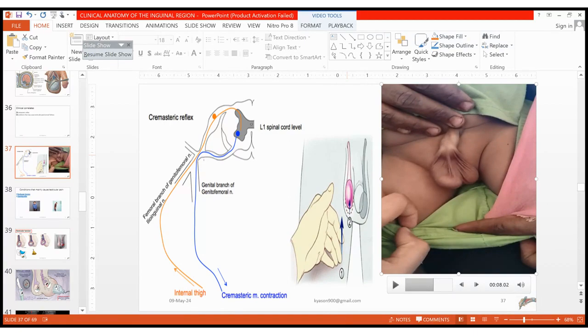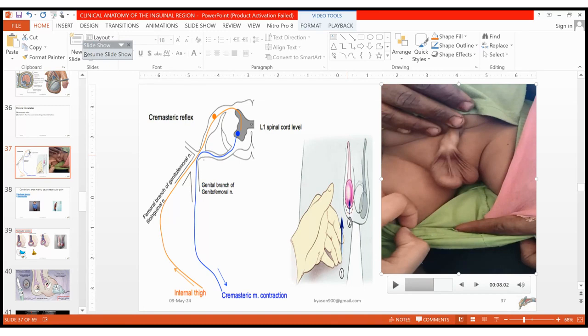Usually, when that upper inner aspect of the thigh is massaged, there will be testicular elevation. It's a normal reflex. If the testicle does not elevate, it may be a sign that there may be some problem with the nerves themselves. There may be some nerve injuries, or there may be a problem with that segment of the spinal cord.